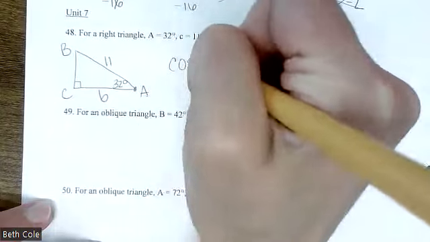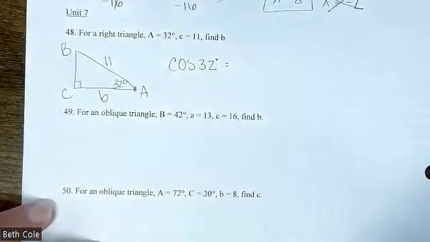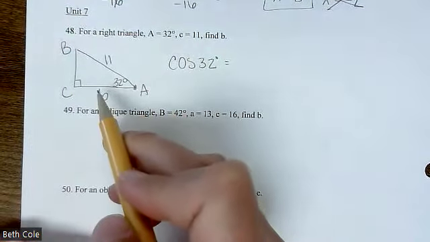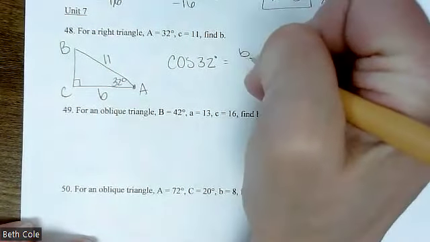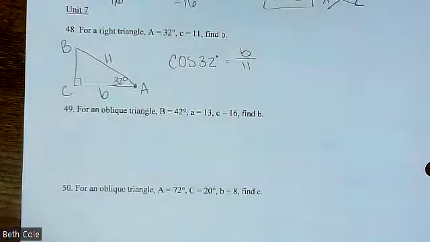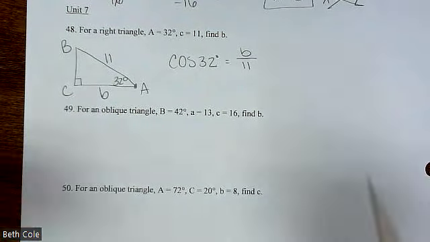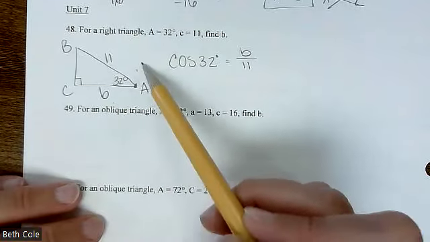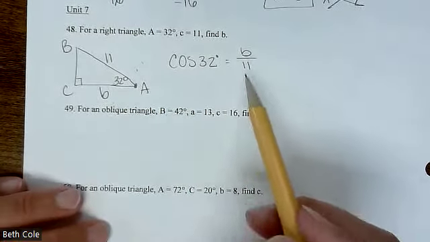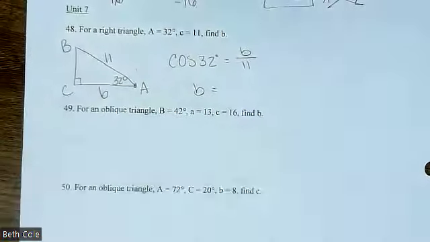You're going to have cosine of 32. Cosine is adjacent over hypotenuse. So that would be B over 11. Did you guys all follow me there? Adjacent, hypotenuse. That's why it was cosine. Okay, just making sure. All right, how would you type that in?